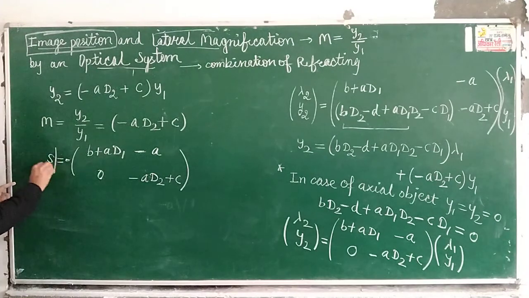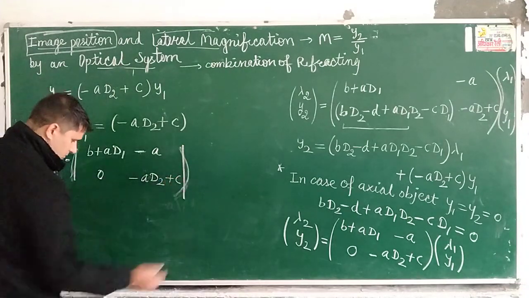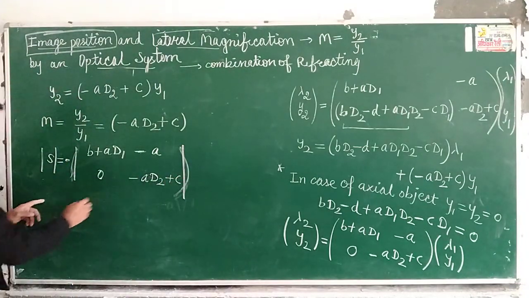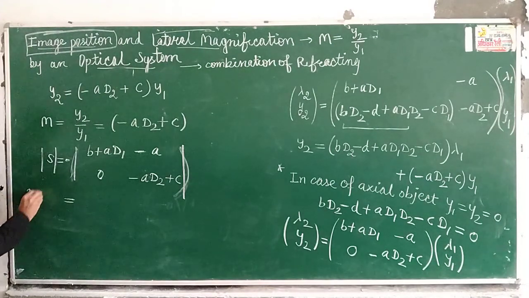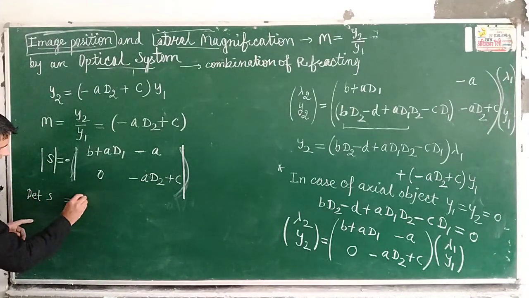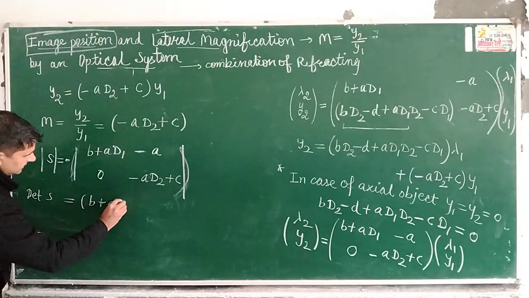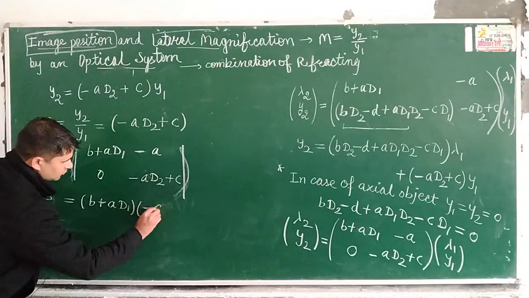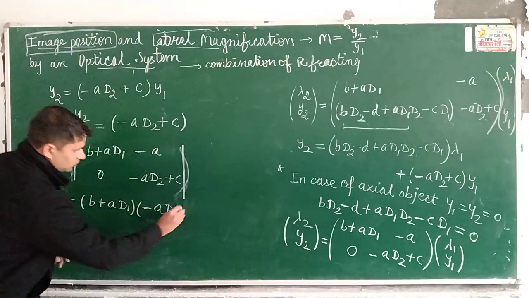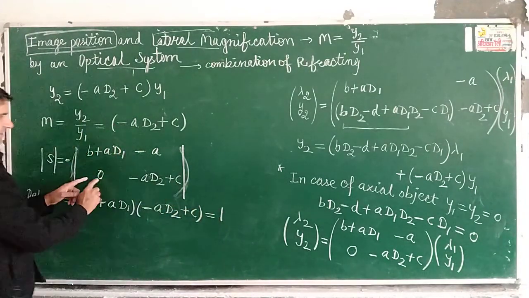If you find its determinant, you will find that the determinant of the system matrix is equal to b plus a d1 into minus a d2 plus c. This will be equal to 1 because this factor is 0.